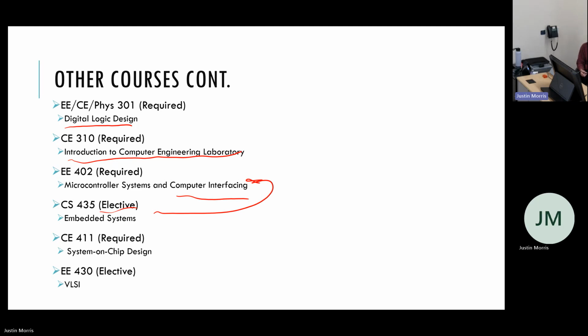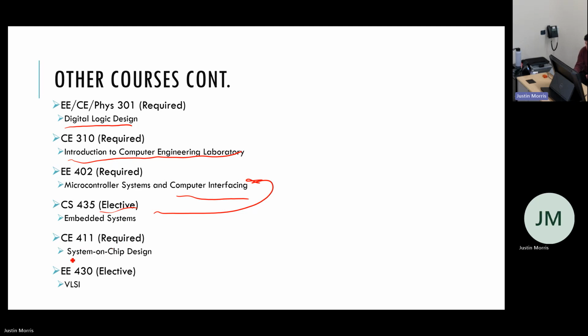And in the embedded systems course, Mesa also teaches this. I believe they go over Raspberry Pi. And it's a project-based class. They also go over, what are those boards? Is it also ARM-based? It's optional.